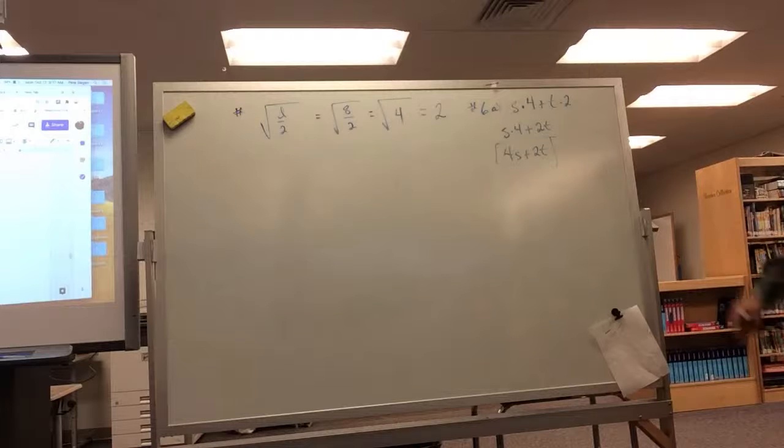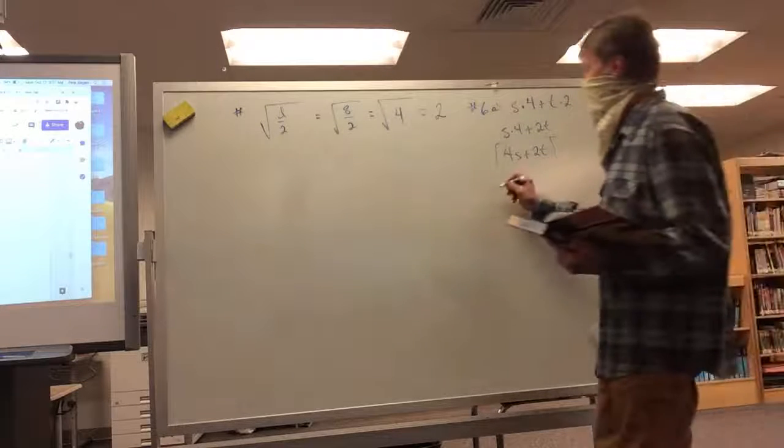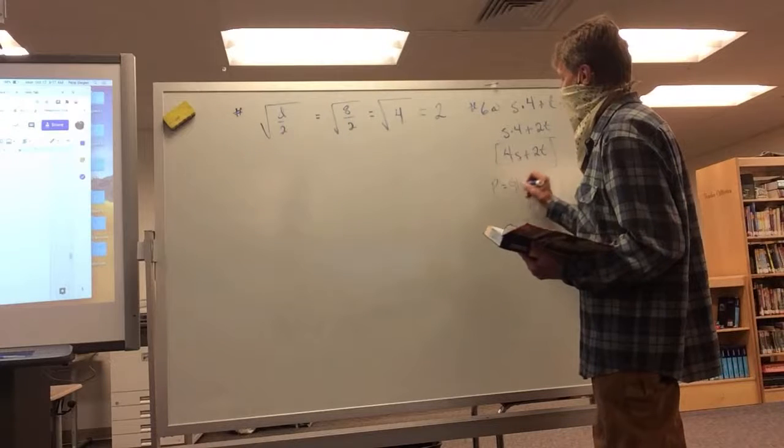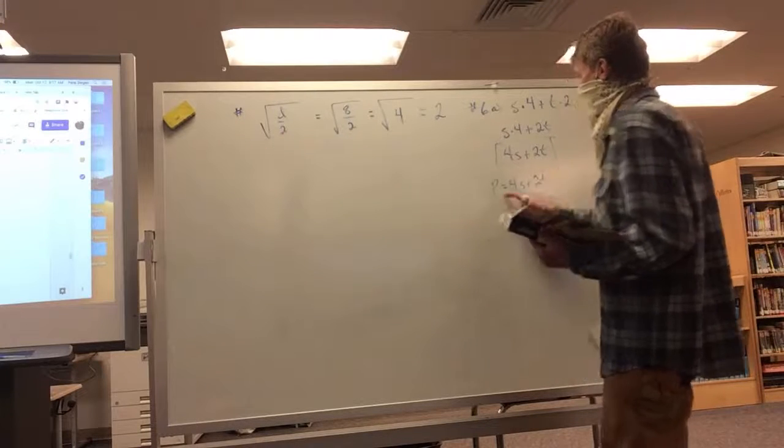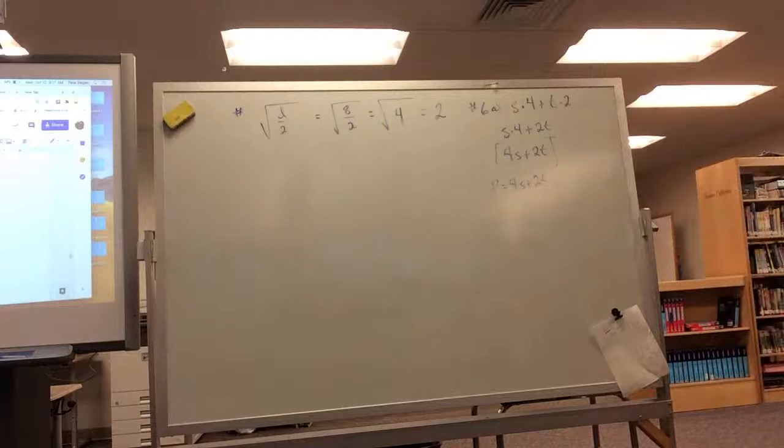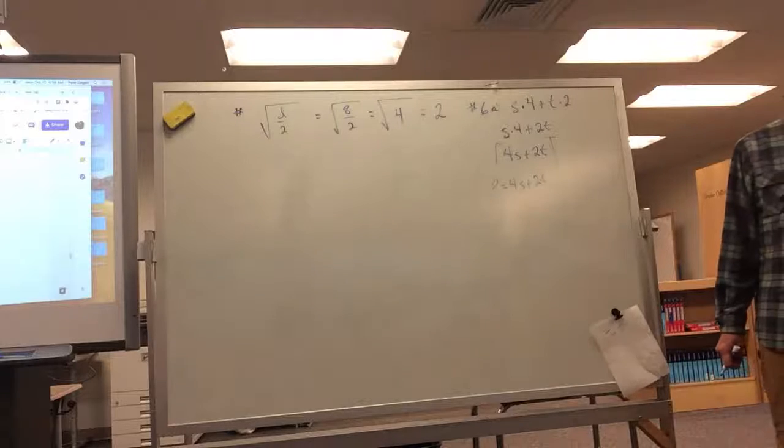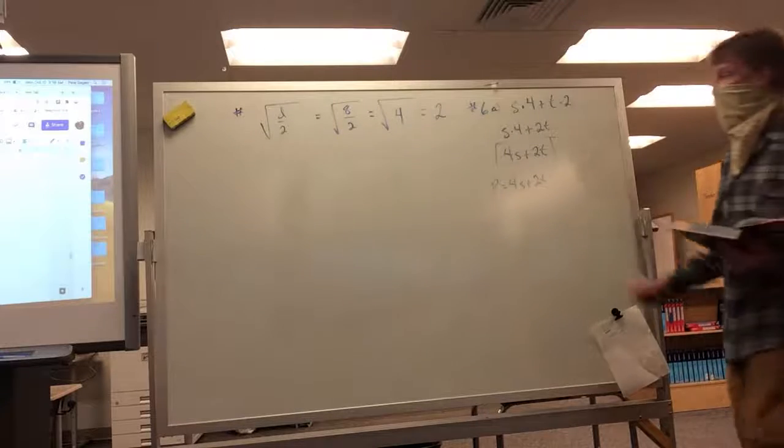Now, that's perimeter. So if we were going to write an equation, we might write it like this. P is equal to. You didn't need to do that, but that's how we would write it as an equation. So then, what is the perimeter if S is 25 and T is 14?